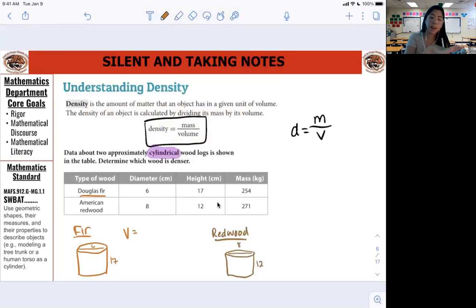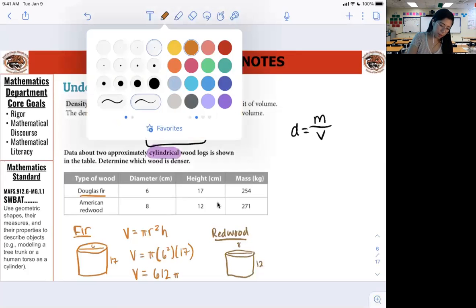We're switching back to volume. Pi r squared h, good. So volume is pi times 6 squared times 17. What do we get? $612 pi. How about the redwood tree?